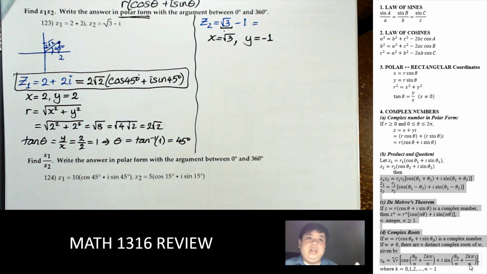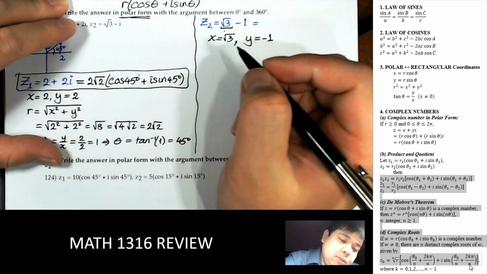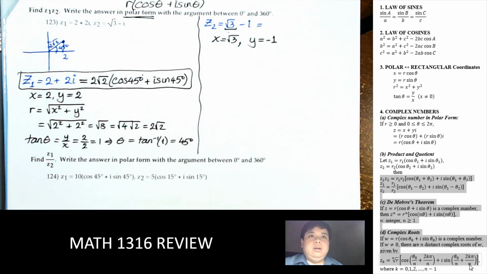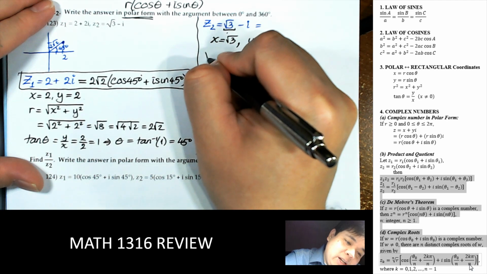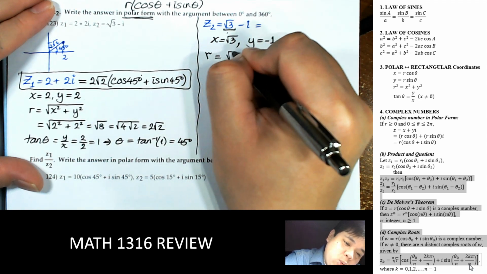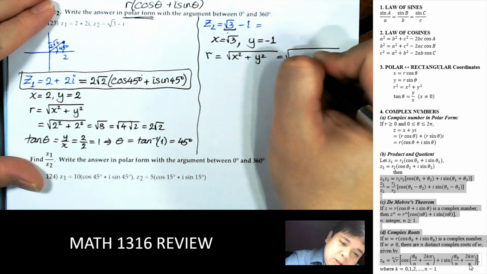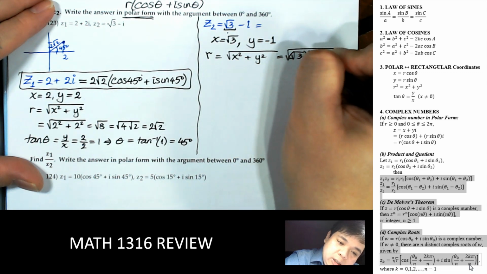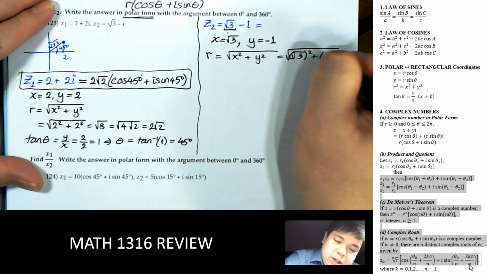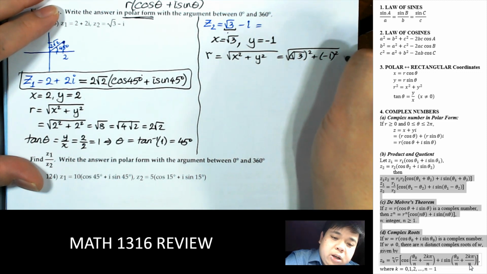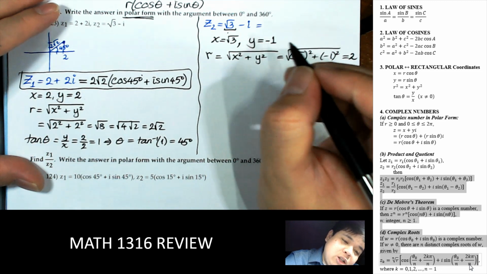Remember, that is only the imaginary part, so there's no I in it. Once again, r is square root of x squared plus y squared. We have square root of 3 squared plus negative 1 squared, so that is 4. Square root of 4 is 2.